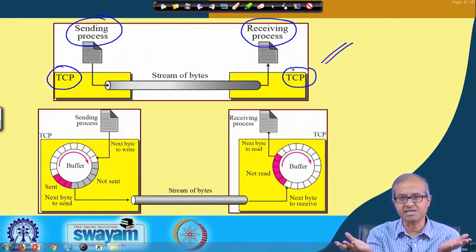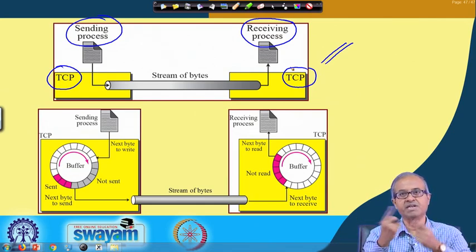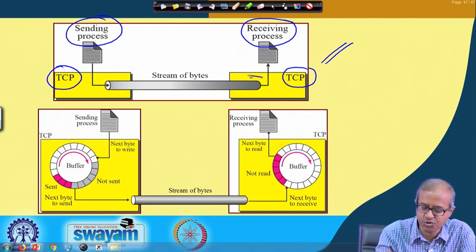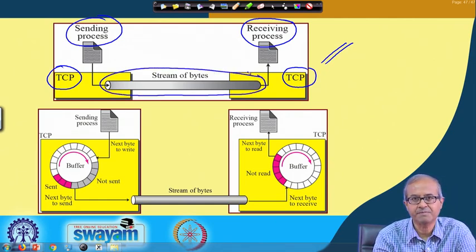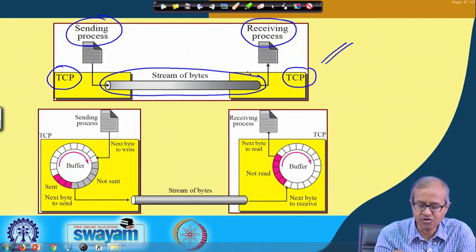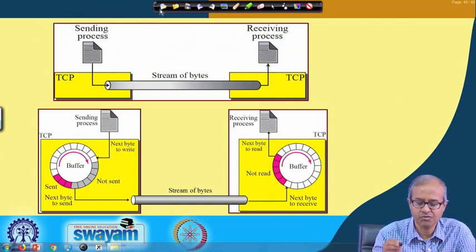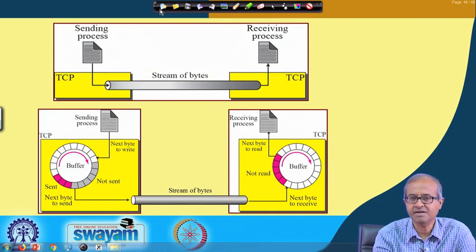This is not a physical connection, a conceptual connection. So, you have this pipe that is being shown here, this represents the logical connection, and over this logical connection a stream of bytes are flowing. This is how a TCP communication system looks like.